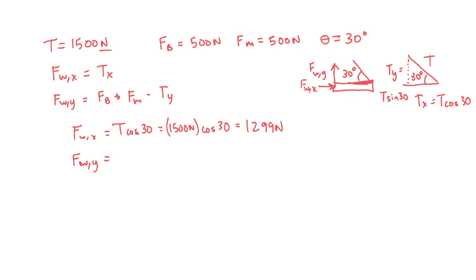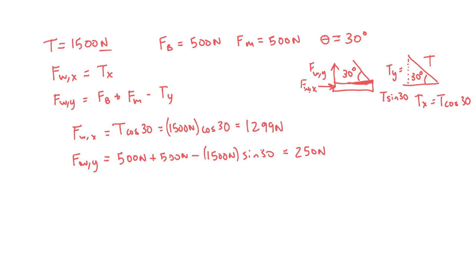And then our force of the wall in the y direction is equal to, again, the force of the bar itself, that's 500 newtons, plus the force of the hanging mass, that's 500 newtons, minus 1,500 newtons times sine of 30. So that equals a total of 250 newtons.